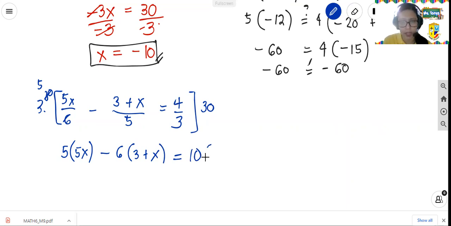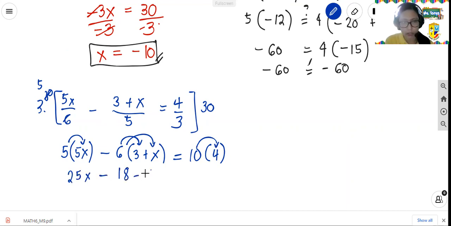Then you have to multiply that with the numerator. So there's no more denominator, right? So all we need to do is to make sure that the parentheses are removed by multiplying the ones on the outside. So 5 times 5x is 25x minus 18 minus 6x is equal to 40.